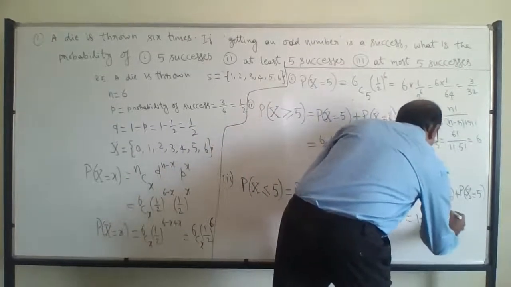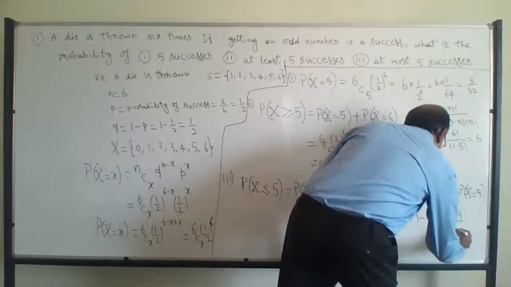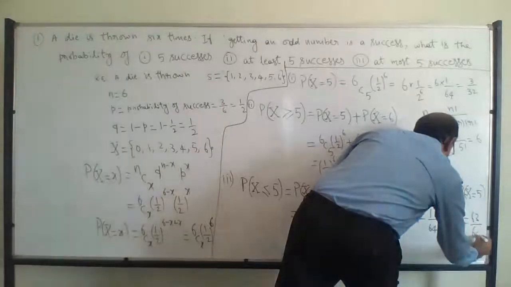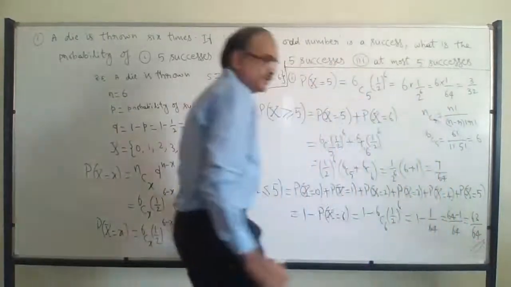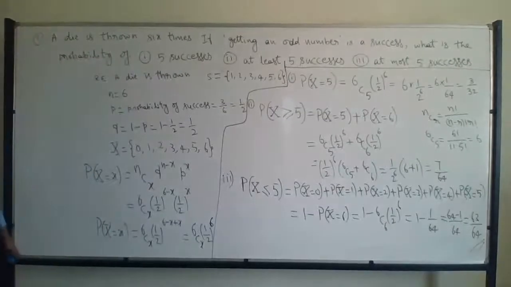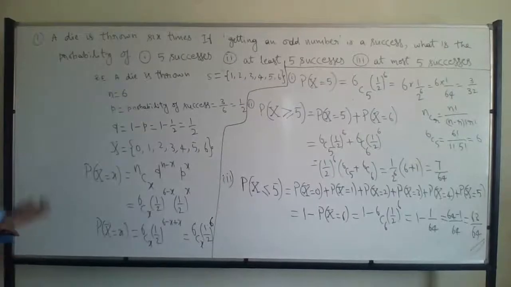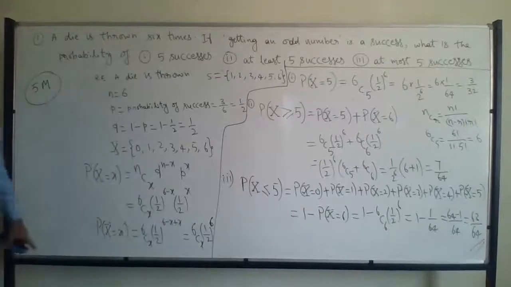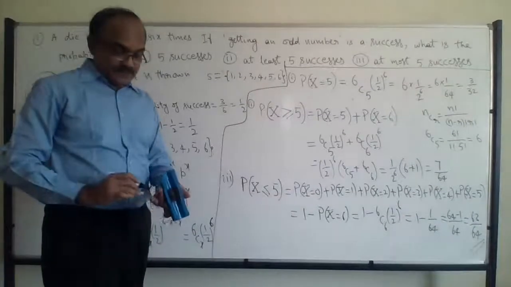That is 64 minus 1 divided by 64. That is 63 by 64. That's it. So you will get another 1 mark. So this is a 5 marks question in board. Most of the time this question was asked.